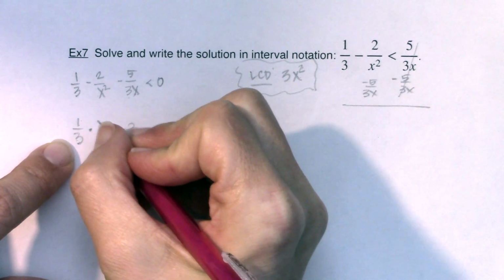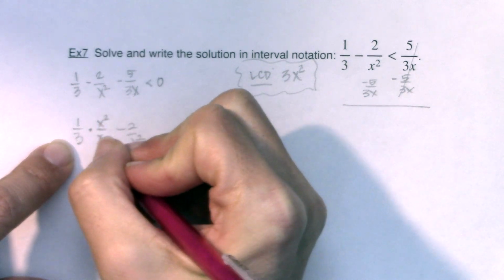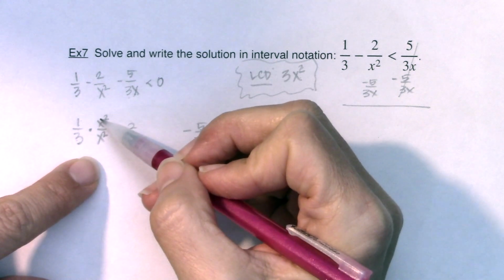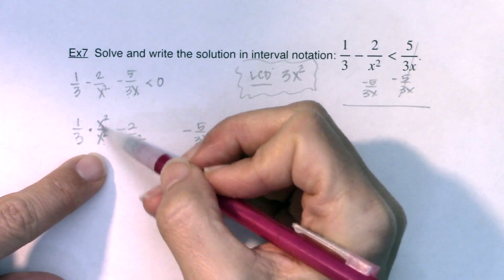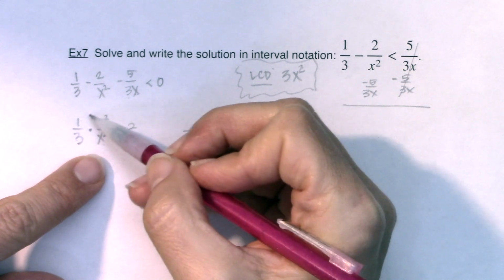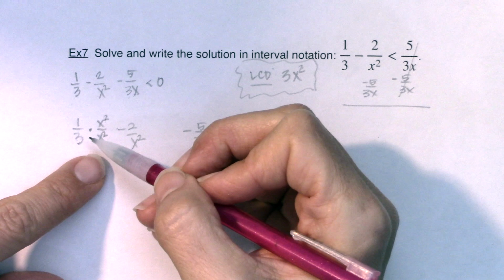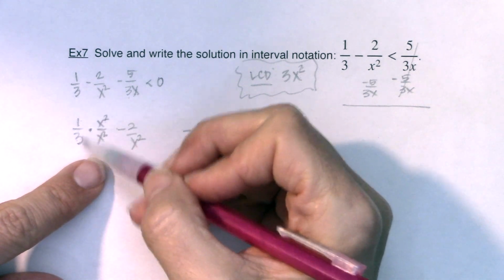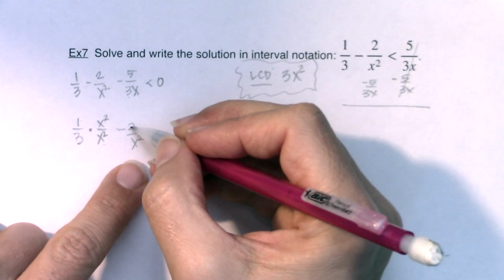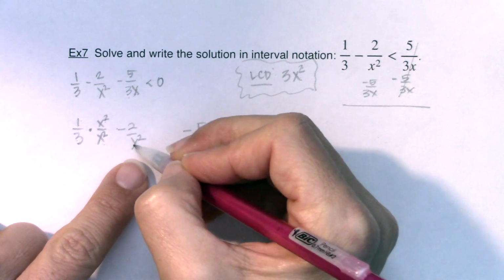So I'm going to multiply this particular fraction by x squared over x squared. And x squared in ratio to x squared is just 1. So I'm not actually changing the problem, because 1/3 multiplied by 1 is still 1/3. It's just a very special version of 1. All right, let's look at our second fraction, 2 over x squared.